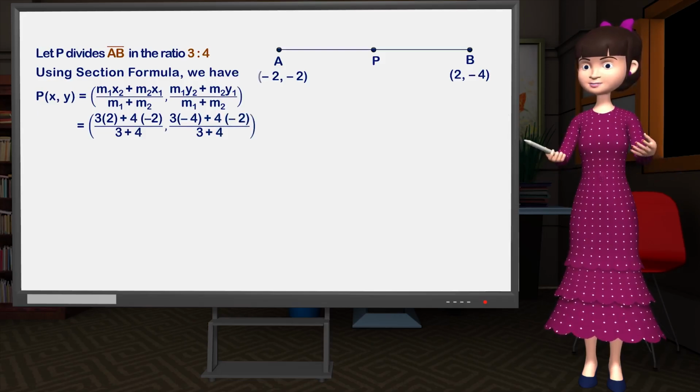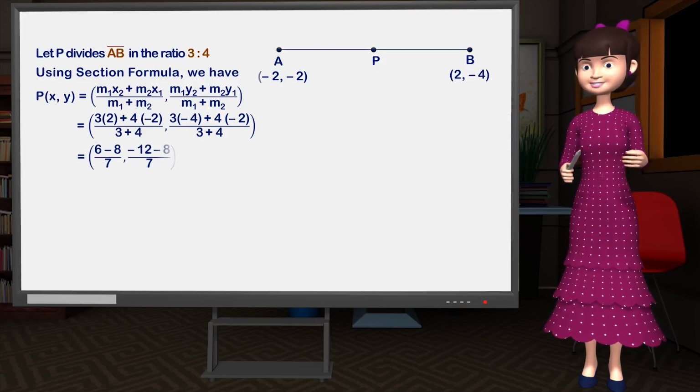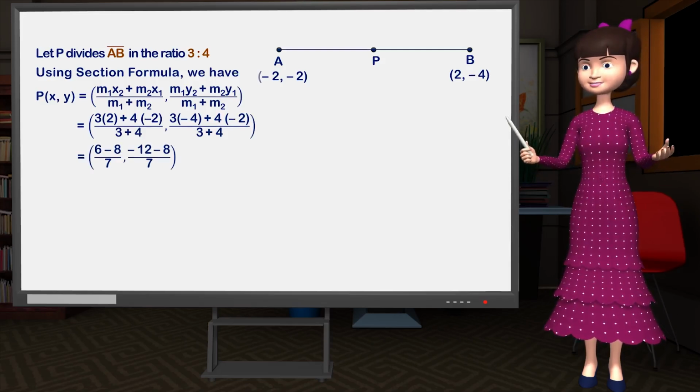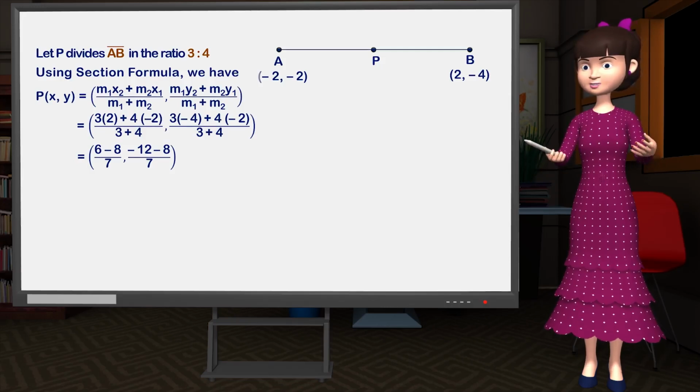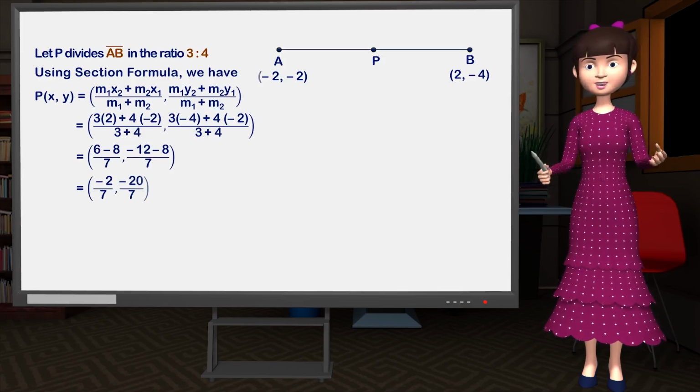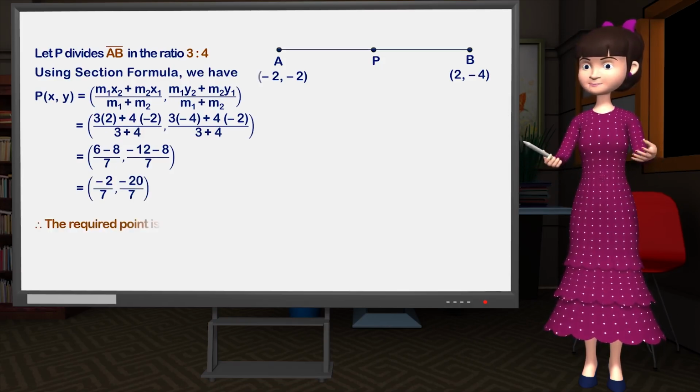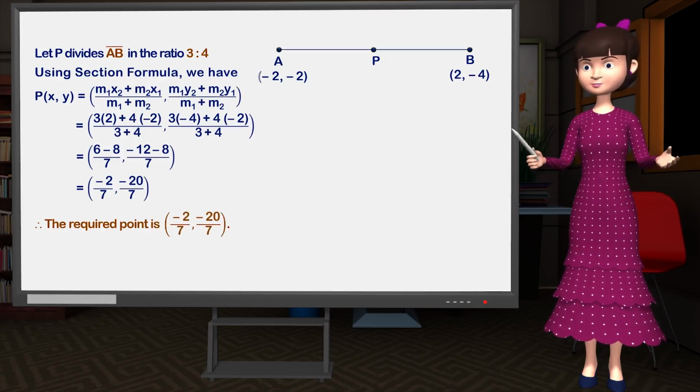Solving this, we get (6 minus 8)/7, (-12 minus 8)/7. For the simplification of this, it will be -2/7, -20/7. Therefore, the required point is (-2/7, -20/7).